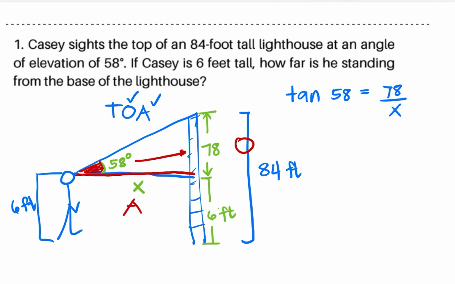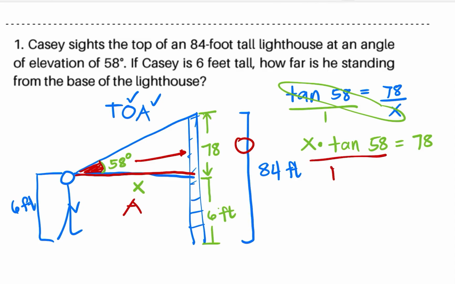We're going to write our equation as a proportion. We'll cross multiply. So x times tangent 58 equals 78. 1 times 78 is 78. Dividing both sides by tangent 58 because we want to get x by itself. This is the same concept as 5 divided by 5, that is equal to 1.